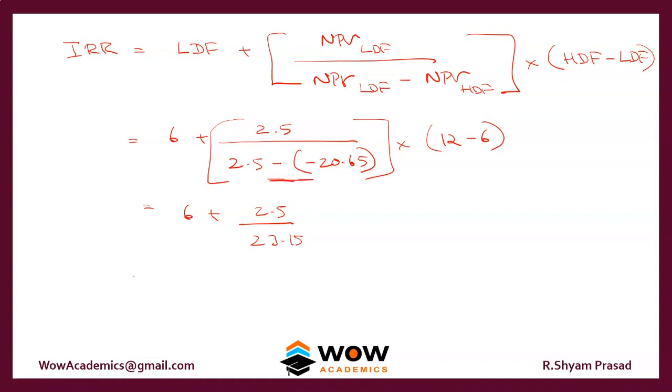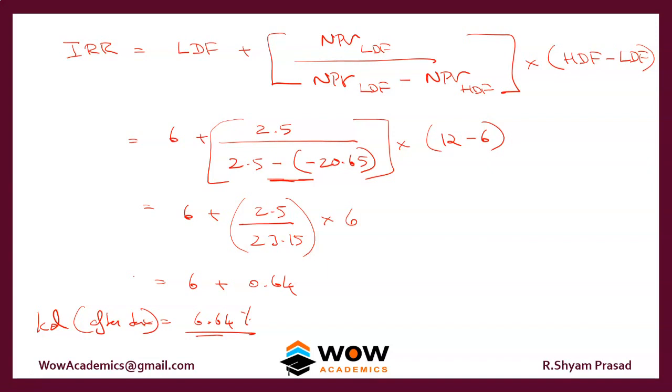Okay, so solve this and multiply by 6. 12 minus 6 again becomes 6. The answer comes to 0.64. So the total answer comes to 6.64. Okay, so this is the KD of redeemable debt after tax. It comes to 6.64.